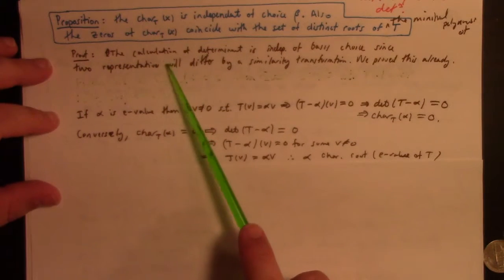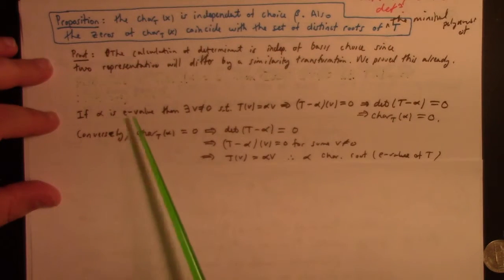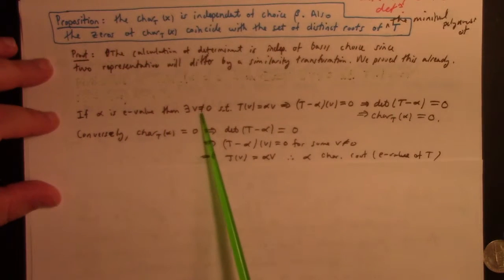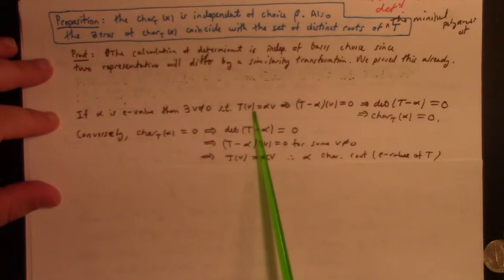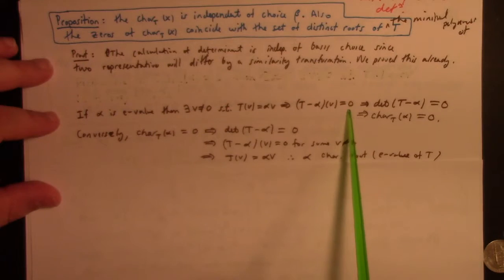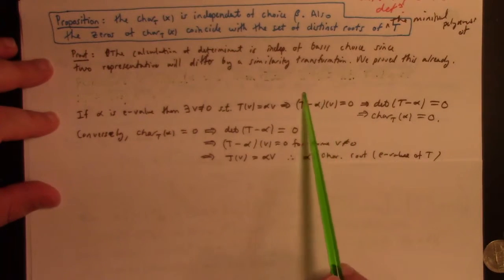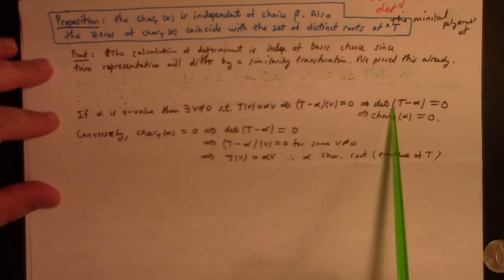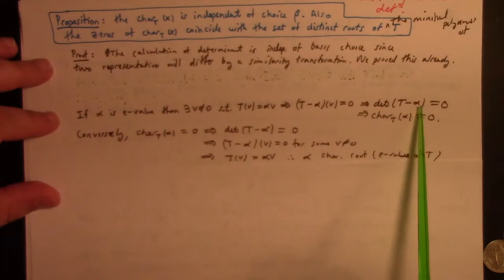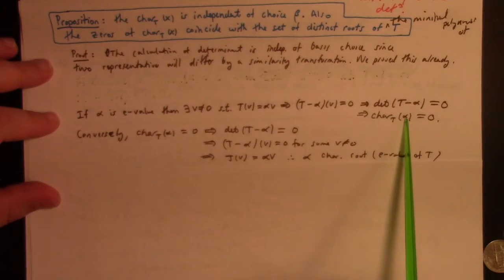The calculation. If alpha is an eigenvalue, that means there exists a non-zero vector v such that Tv is equal to alpha v. But that means that (T minus alpha) v is equal to 0 for some non-zero v. But that implies that this is not invertible, hence the determinant is 0. And that is exactly the statement that the characteristic polynomial of T evaluated at alpha is 0.